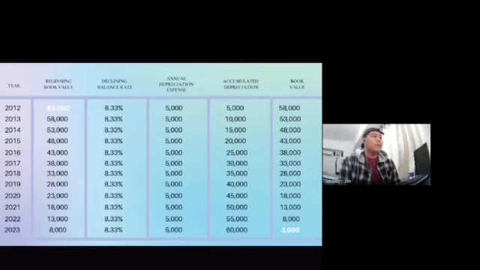For annual depreciation, as we said, in the straight line method, we constantly and annually depreciate the same amount of money. So every year we depreciate $5,000. Next, accumulated depreciation will constantly increase by 5,000 since it shows the total depreciation we have expensed over the years.